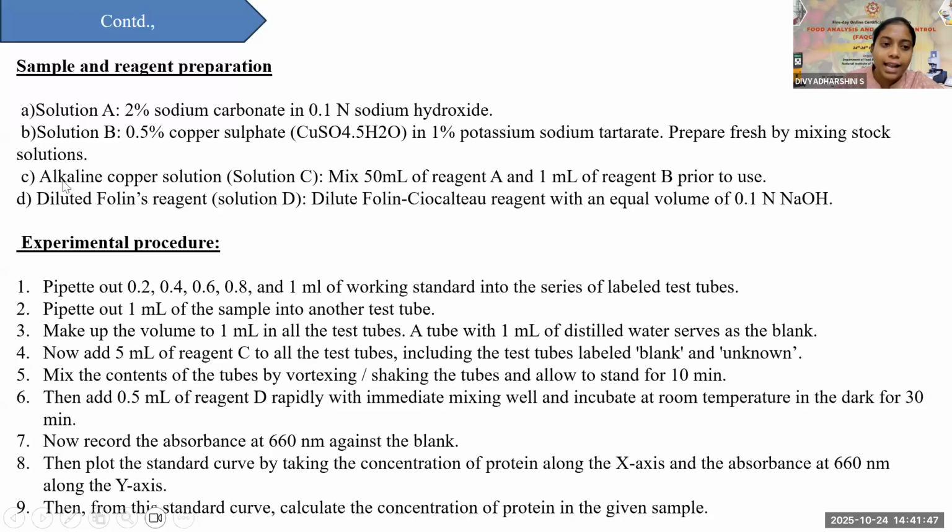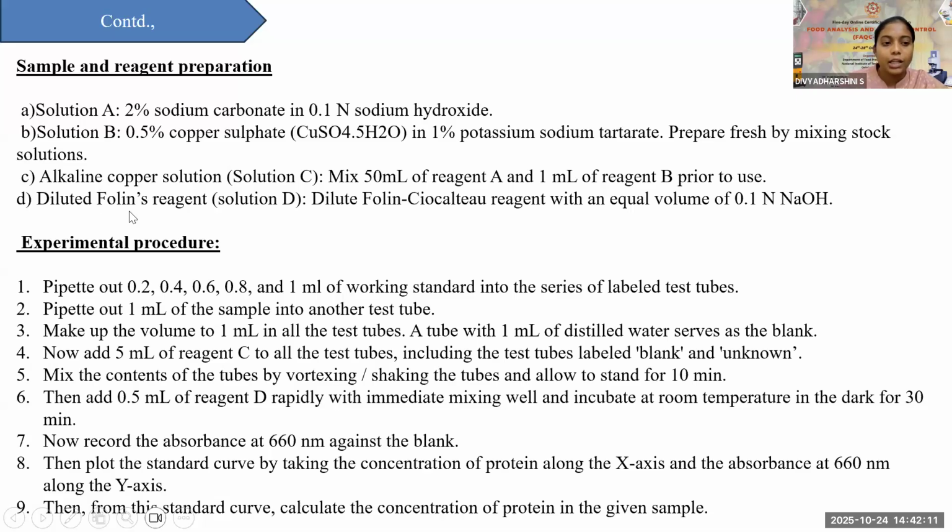After that comes the alkaline copper solution, which we want for the first reaction I mentioned in the principle. It is 50 ml of reagent A, which is 2% sodium carbonate in 0.1 normality sodium hydroxide, mixed with 1 ml of reagent B, which is the copper sulfate and potassium sodium tartarate solution. That will be our solution C.